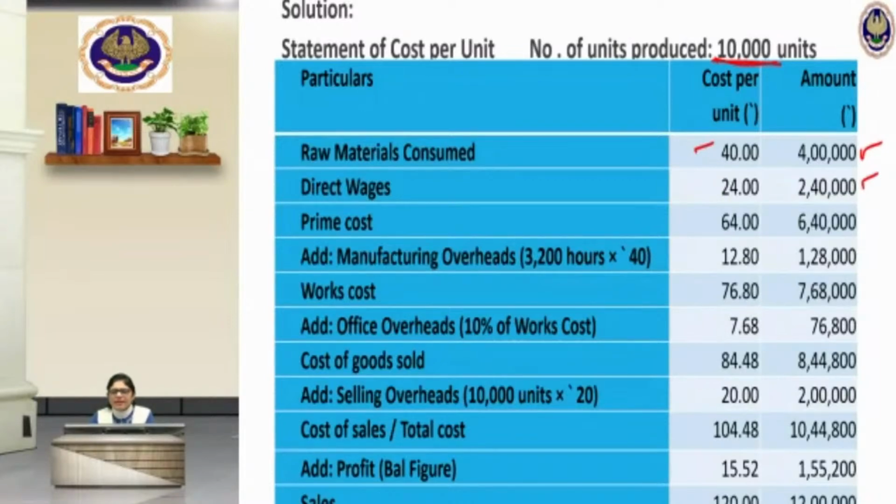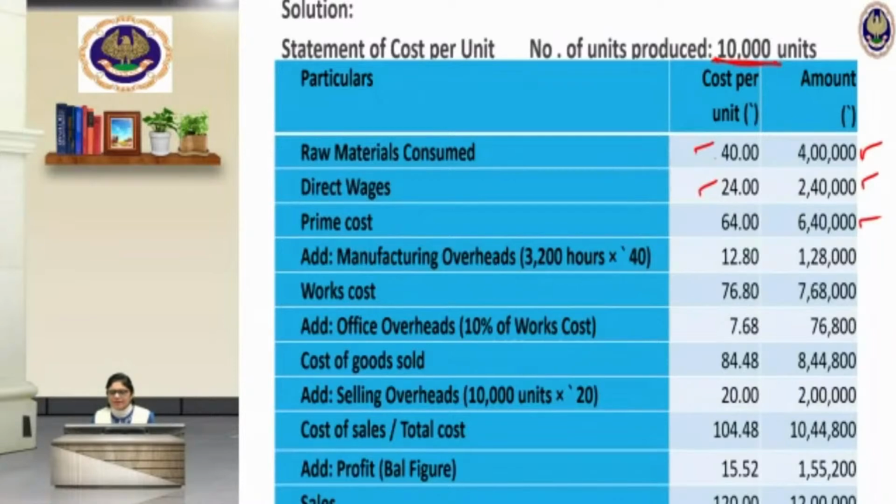Every element of cost is divided by 10,000, because 10,000 is the units produced: 2,40,000 divided by 10,000, 6,40,000 divided by 10,000. Here, your units produced and sold are same. When they have a stock and units produced and sold are different, then selling and distribution and sales will be calculated accordingly. Here they are the same.